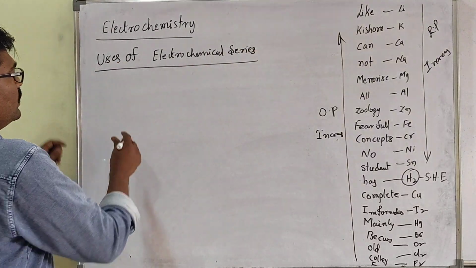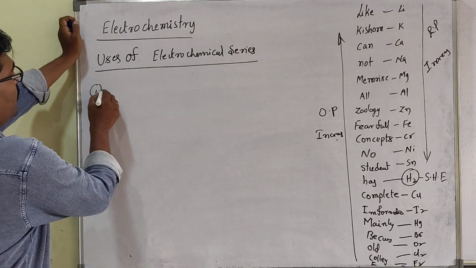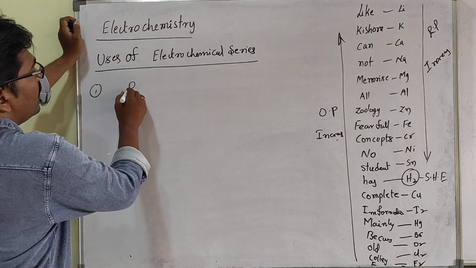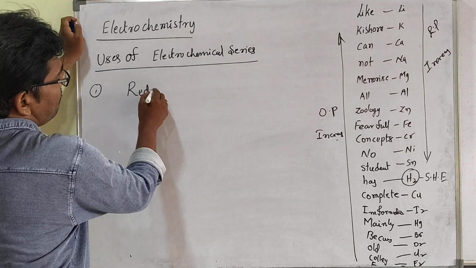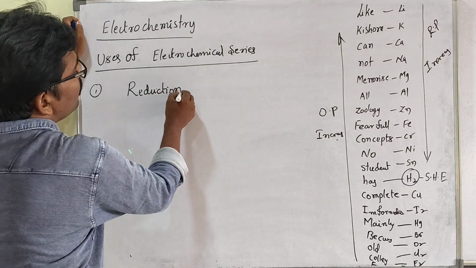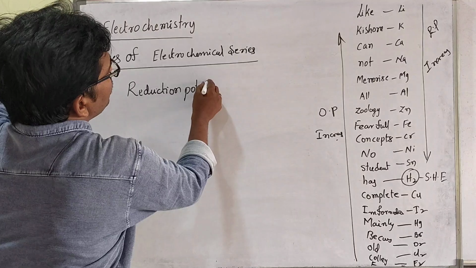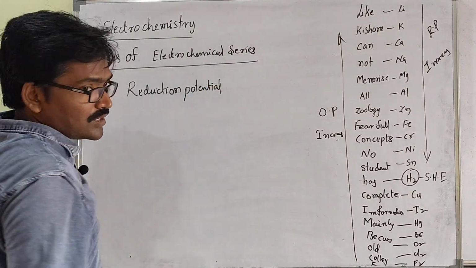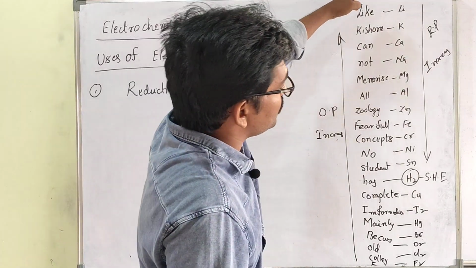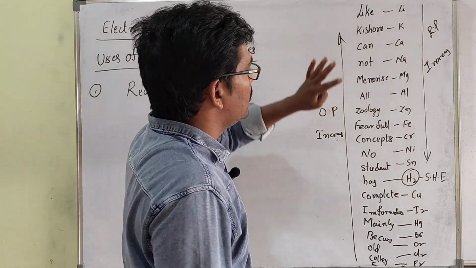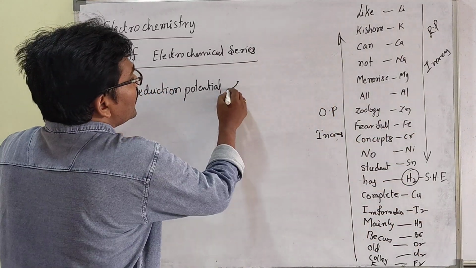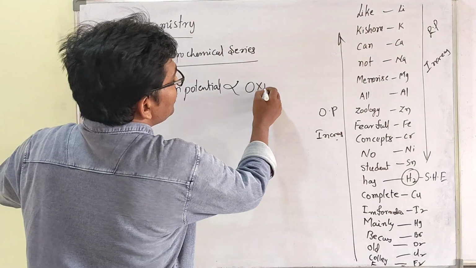The first point, the main important point: reduction potentials, not oxidation potentials. Reduction potentials increase from top to bottom. Reduction potentials are directly proportional to oxidizing power.